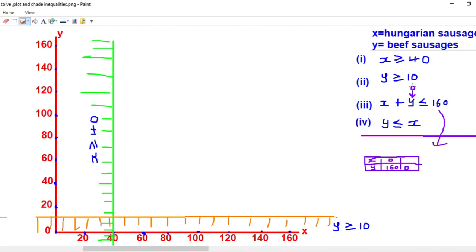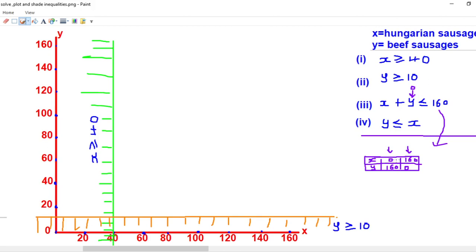You see that your x is again just going to be the same, 160. So the coordinates you have are this column where you have 0 on the x-axis and 160 on the y-axis, and the other one where you have 160 on the x-axis and 0 on the y-axis.